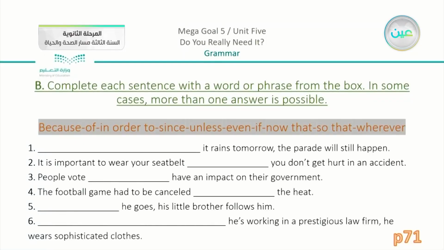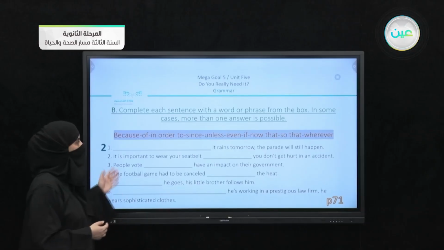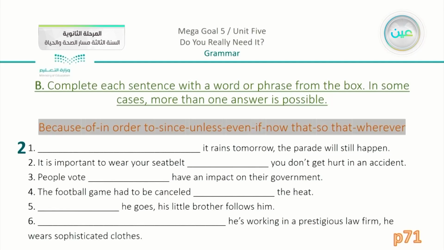Now, in number 1, we actually have 2 conjunctions that are suitable. We're going to read. We have here, it rains tomorrow, the parade will still happen. So we have here something as a condition. Now, I can say, even if it rains tomorrow, the parade will still happen. So this can be a choice.